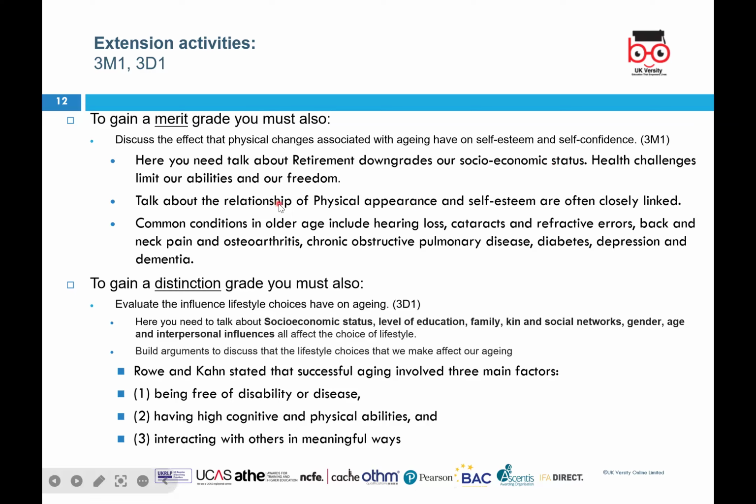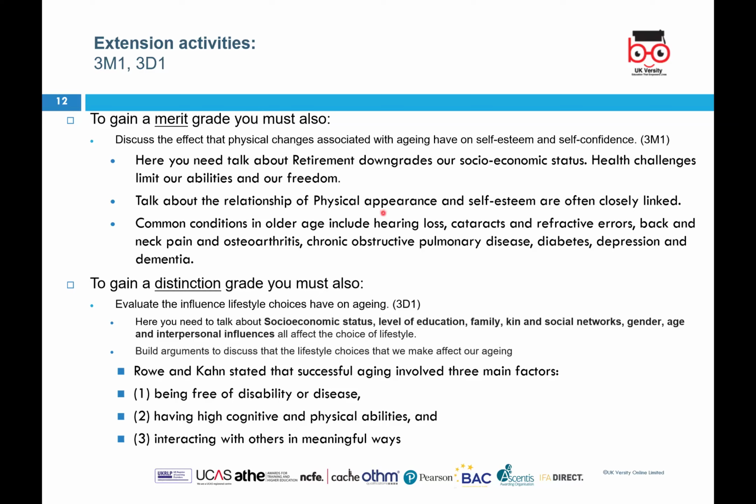Health challenges that limit our abilities and our freedom. You can talk about the relationship between physical appearance and self-esteem, which are closely linked together. You can talk about common conditions in older ages, including hearing loss, cataracts, refractive errors, back and neck pain, and osteoarthritis. Chronic obstructive pulmonary disease can be discussed here, diabetes, depression, and dementia. So this is to gain a merit.